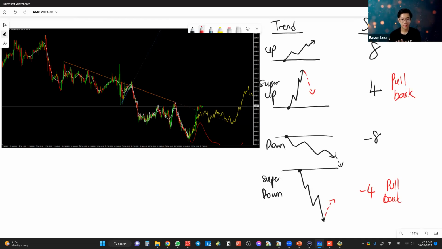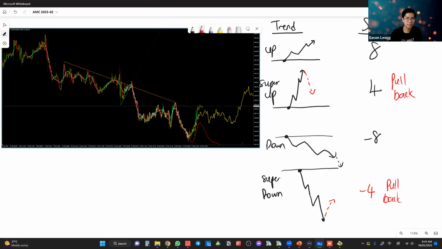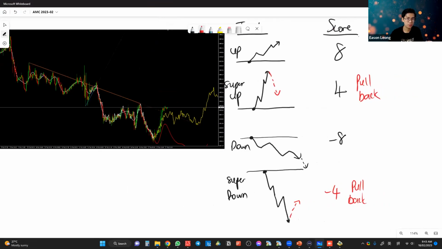Some of you may think you can get somewhere in between, like Ringo, -6. Some of you say -8. So if you are not sure, then -6. But I can see that the majority of you typed -8. So we take the common ground. This market is considered a normal downtrend, still a normal downtrend.